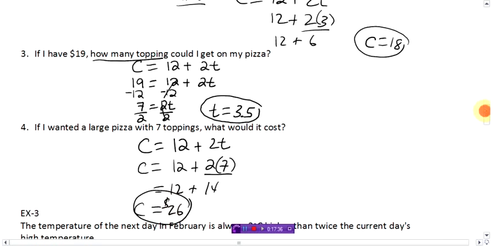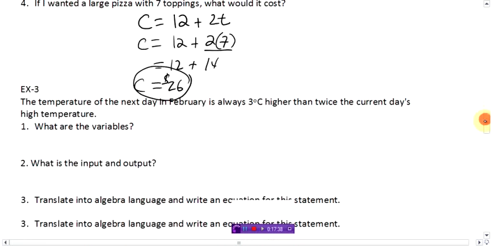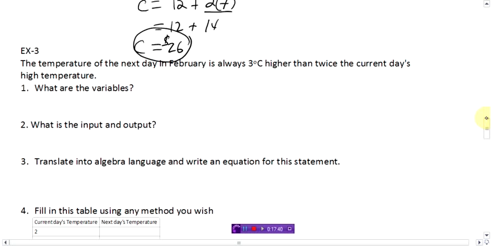There we are. Okay, last example I'm going to give you. This is a goofy one. Let's say that we could figure out a formula for the temperature in February. This is made up, by the way. You can predict the temperature of the next day in February.